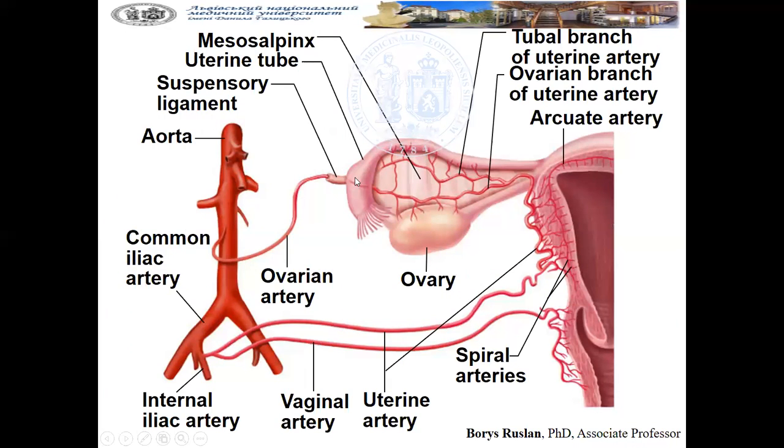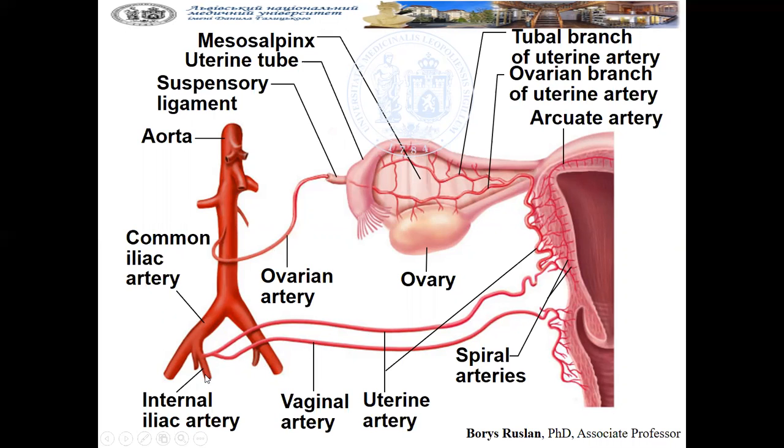In this picture, you can see the blood supply from the common iliac artery. You can see the ovarian artery, which supplies the ovarium and the fallopian tubes, and the vaginal arteries and uterine arteries.